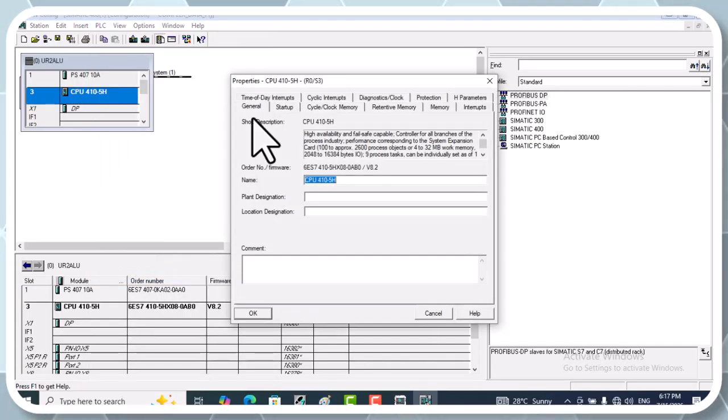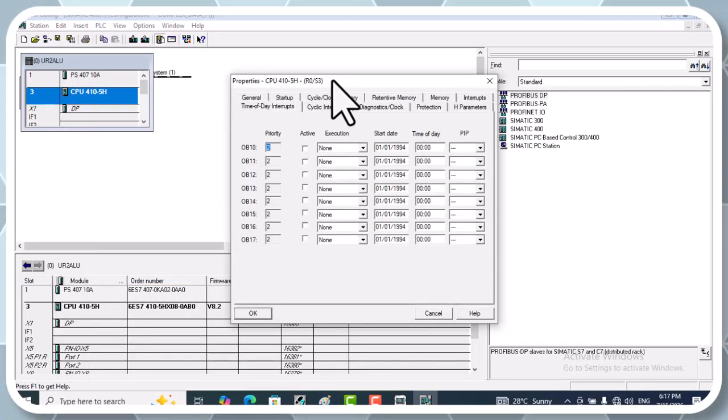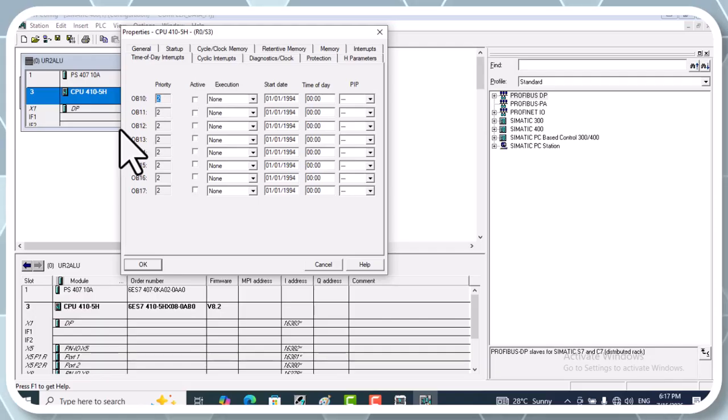We open the time of day interrupts. So the second group is a group which allows us to call the OB blocks by time execution.